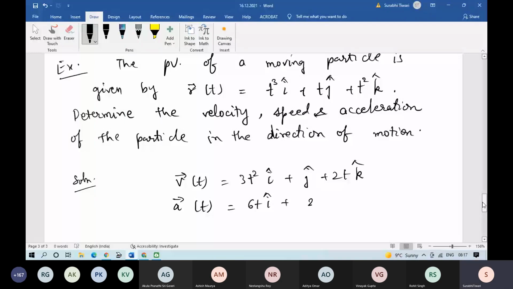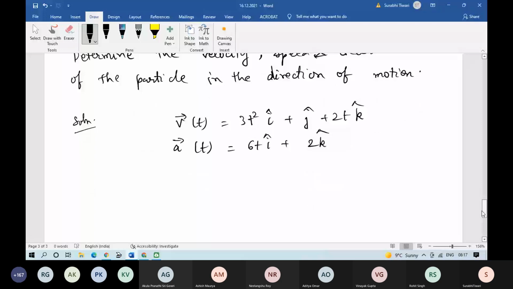And speed is the mod of v(t), which is the square root of 9t⁴ + 4t² + 1.